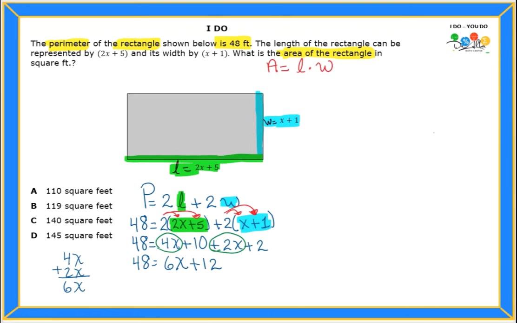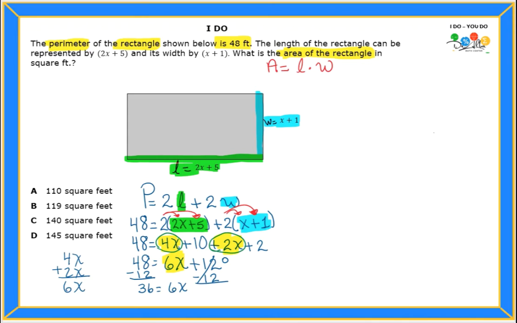Notice that right now my x's were combined and I ended up with only 6x. I still need to eliminate the 12, which is a constant, so I am going to subtract 12 on both sides. And I have 36 equals 6x, because 12 minus 12 goes to a 0.